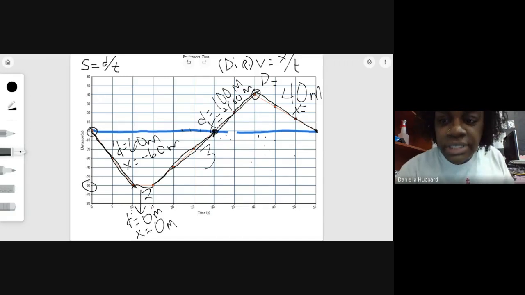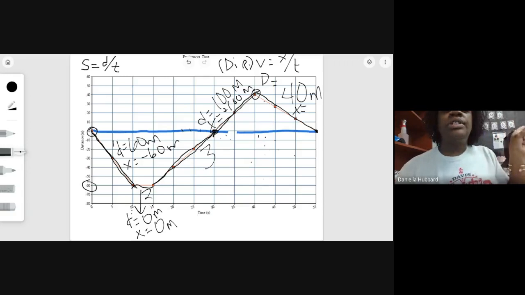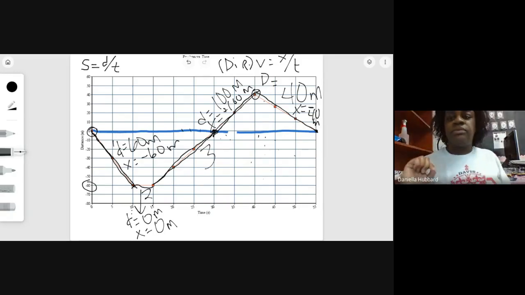We are decreasing our distance to go back home. We are decreasing the distance, and we're traveling in that negative direction. So remember, the store was already to the right of our house based on section 3 of the graph. Now we turned around and head towards home. So this is going to be negative 40 meters.